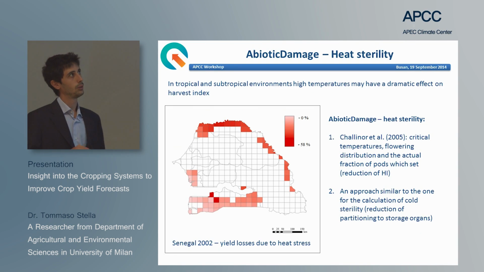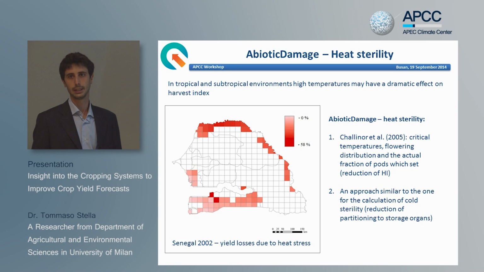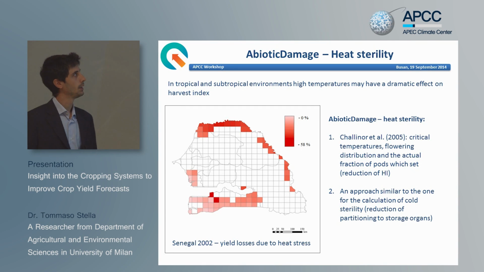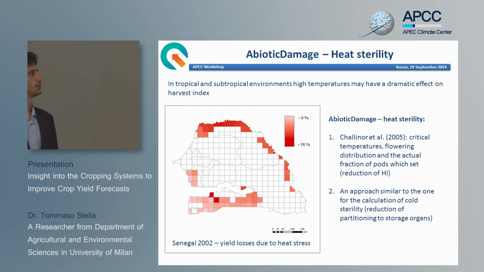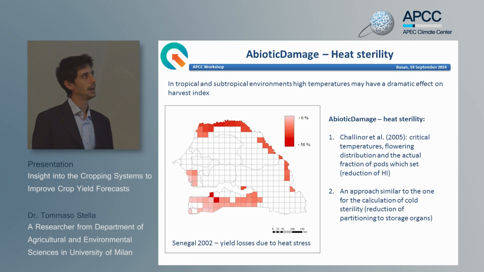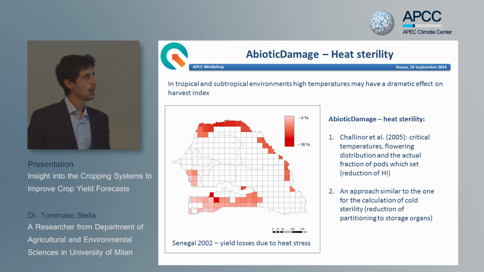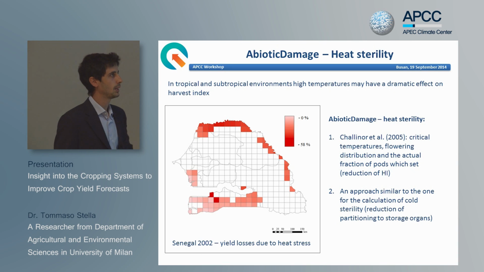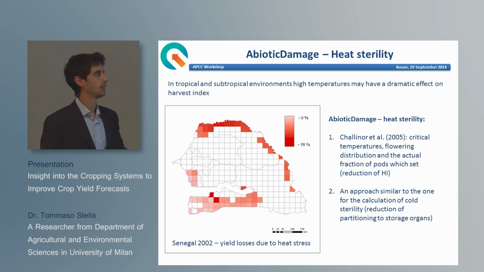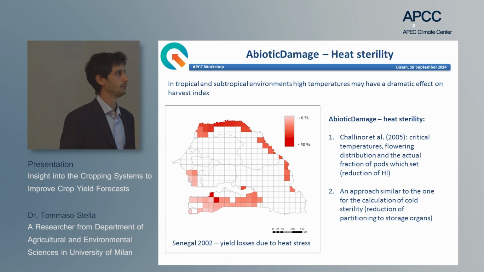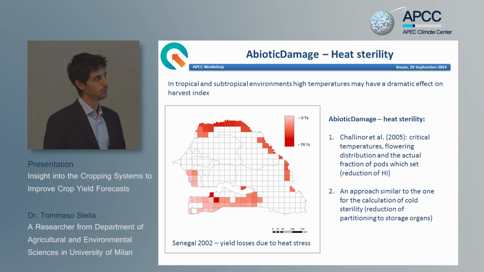And then we also can have heat sterility, not only cold sterility. And this is typical of tropical and subtropical environments where high temperature may have a dramatic effect on harvest index. And the models currently implemented in abiotic damages for calculating heat sterility are derived by two different approaches.